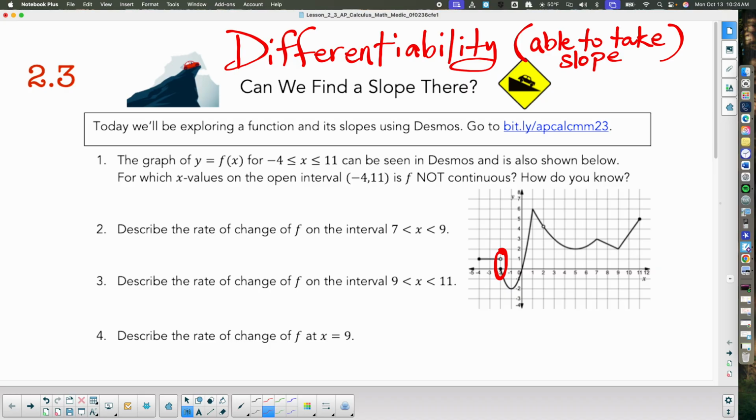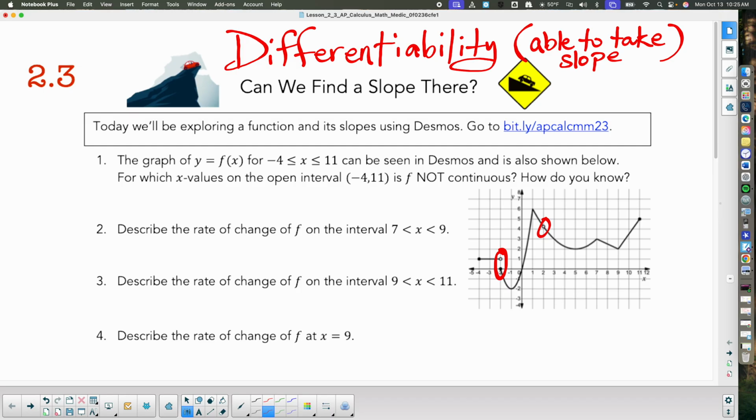And then 2 as well. Anywhere else? -4. Oh, got you. We won't count that one because we were only looking in between -4 and 11. So -4 probably could have been considered that otherwise. But correct, so those are the only 2 spots.